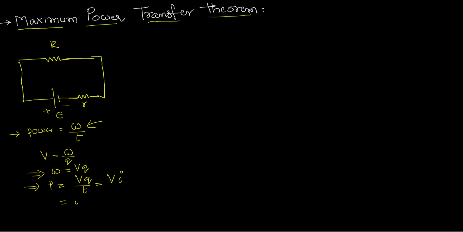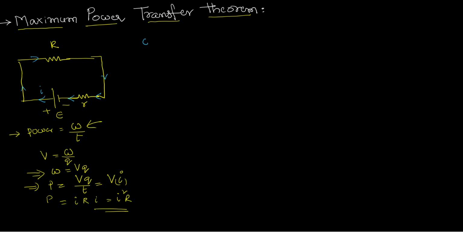We can write as per Ohm's law V equal to IR, and there is another I, this one. So the power formula is I square into R. We have derived this earlier also, but for convenience, right now I have derived it for you. Now, if I need to know the power, I shall know what the current is. Current always starts from the positive plate of the battery. It goes to the external resistance, then through the series internal resistance and comes back to the negative plate of the battery.